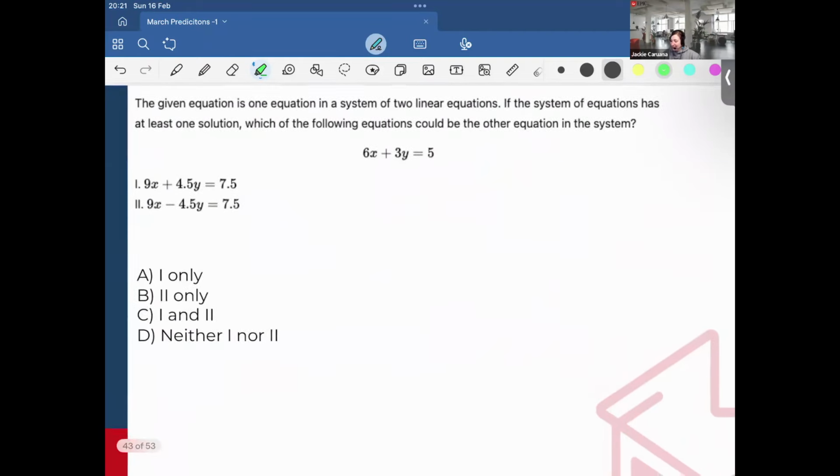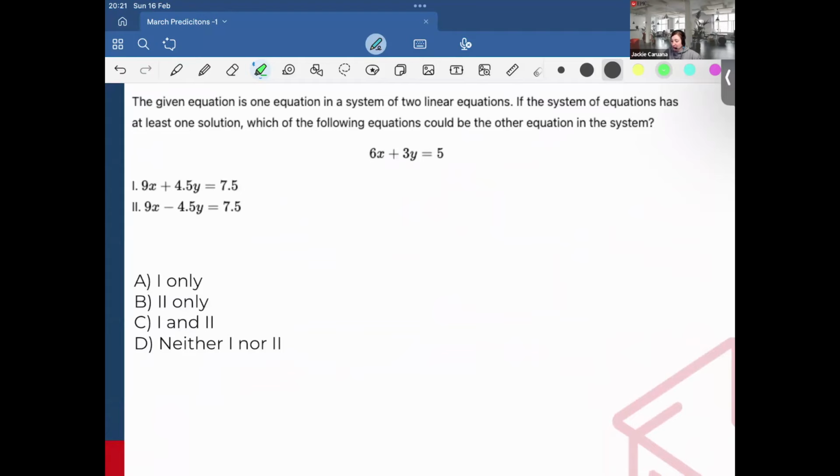Okay. And let's take a look at this one. This one's really interesting. The given equation is one equation in a system of two linear equations. If the equation has at least one solution, which of the following equations could be the other equation in the system? Okay, what does at least mean?